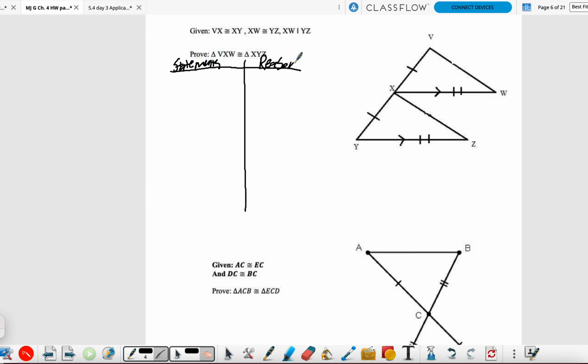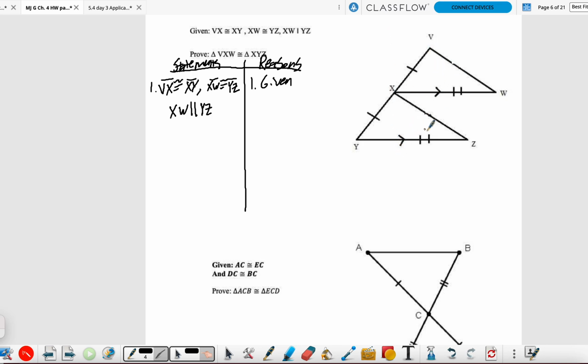I'm going to put down the given, so bear with me. VX is congruent to XY. XW is congruent to YZ. And XW is parallel to YZ. That's given. We want to somehow prove that these two triangles are congruent.